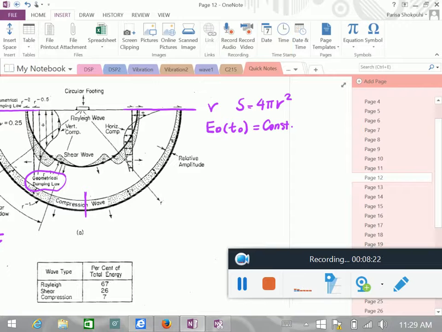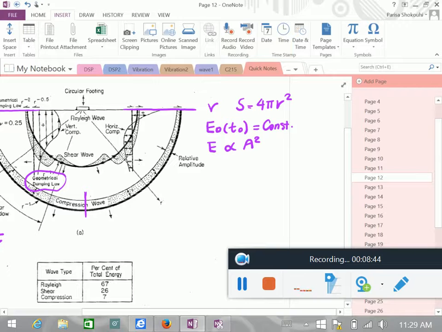Energy is proportional to amplitude squared. Remember when we were talking about the spectra, I told you, when we have power, bandwidths, energy is always proportional to the square of amplitude. Now you should see what's happening.